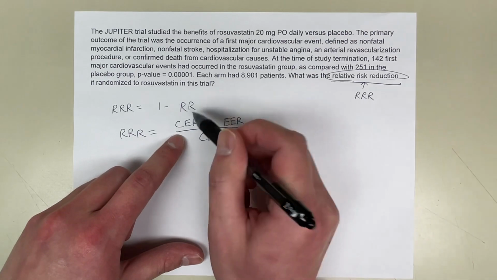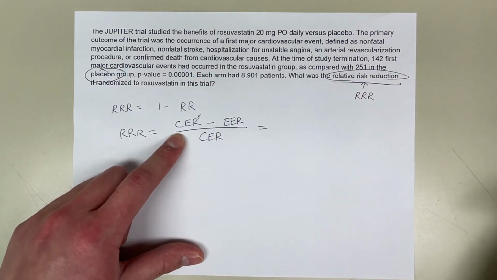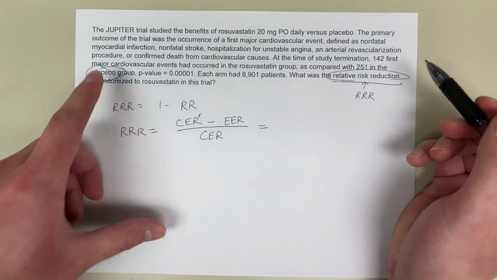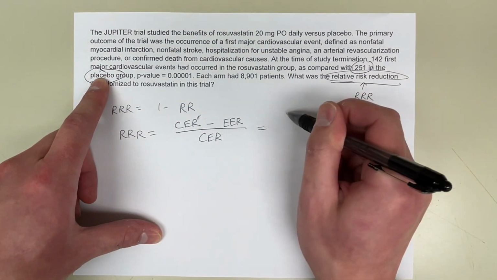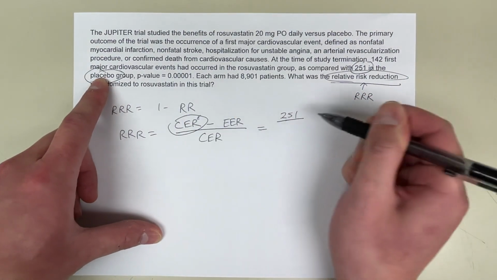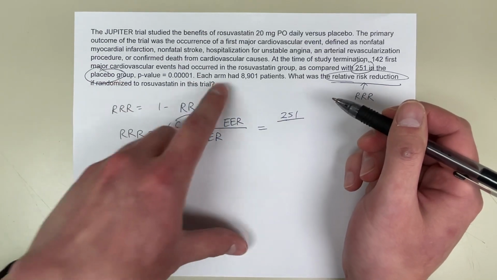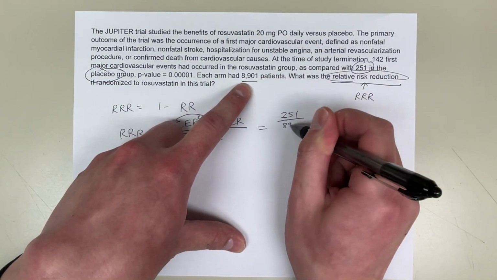Finding this control event rate is pretty easy, because anytime you see the word placebo, that is the control. So what is the proportion? It's 251. I'm writing the proportion down. It's 251 over, and each arm had 8,901 patients.